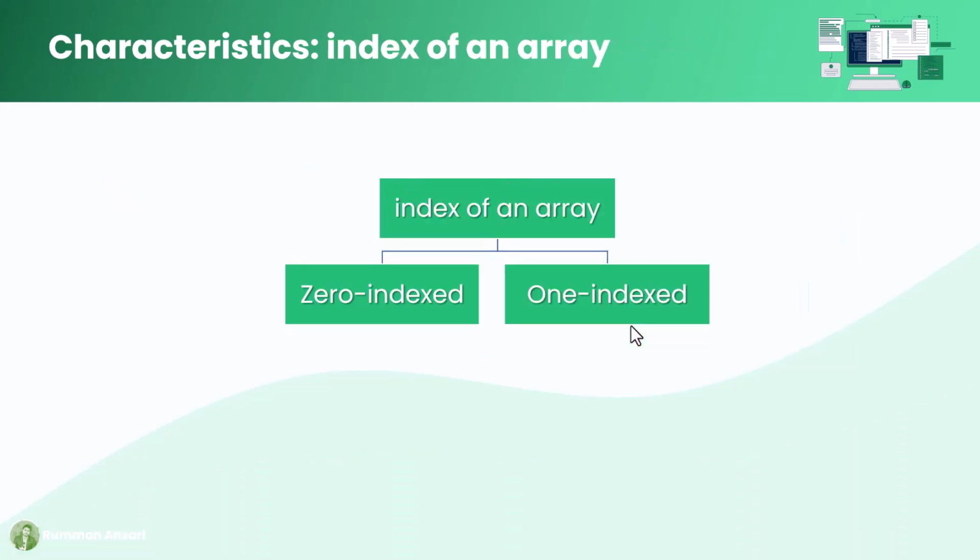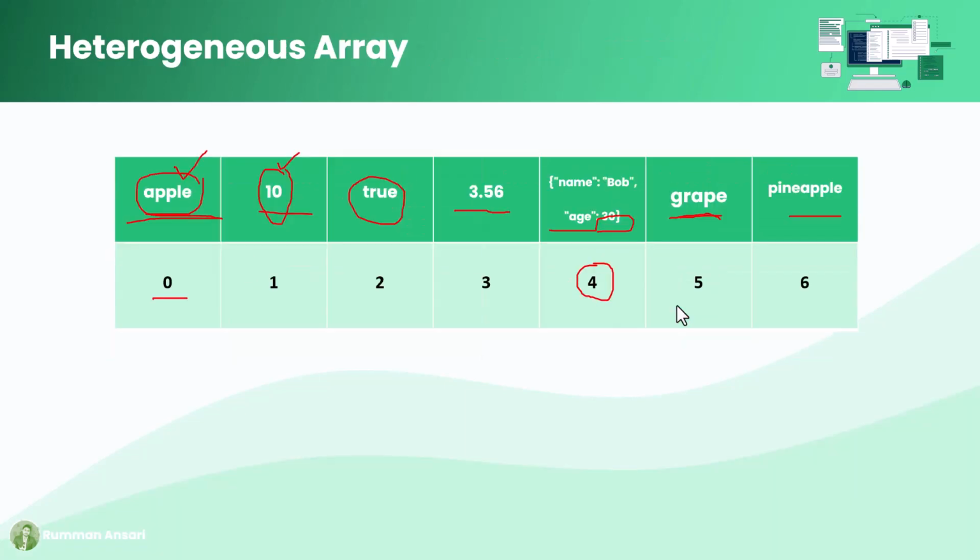Now let's talk about another characteristic, that is the index of an array. The index of an array can be of two types. It can be a 0th index or a 1 index. If we go back to our previous example, here you can see that our index starts from 0, right? It will start from 0 and increase 1 by 1.